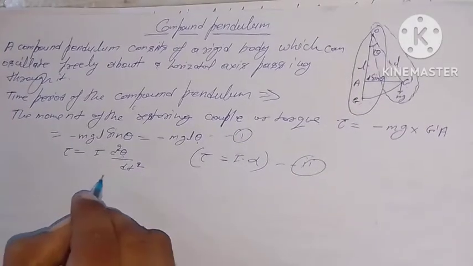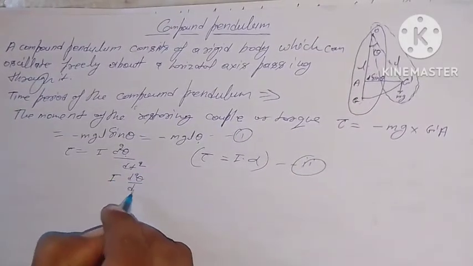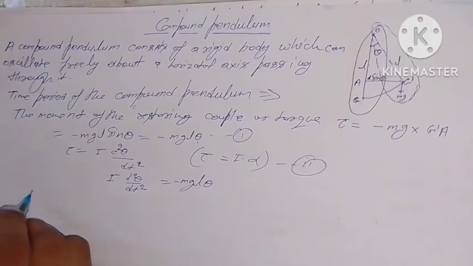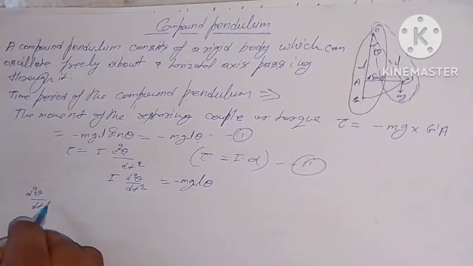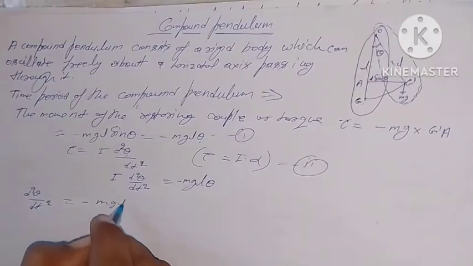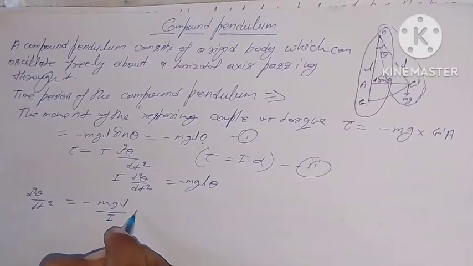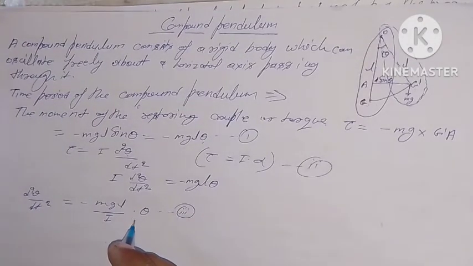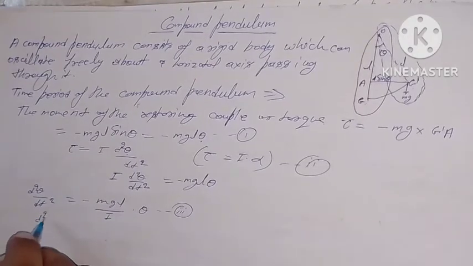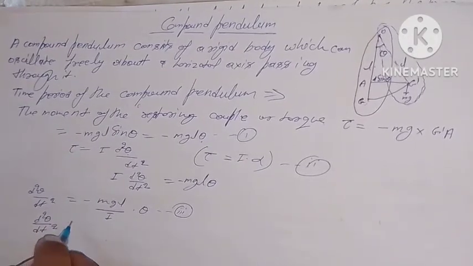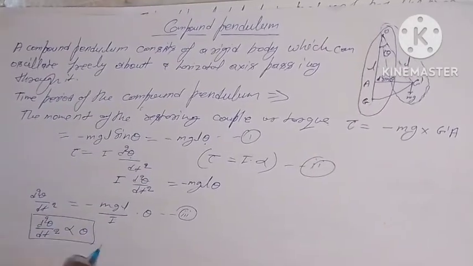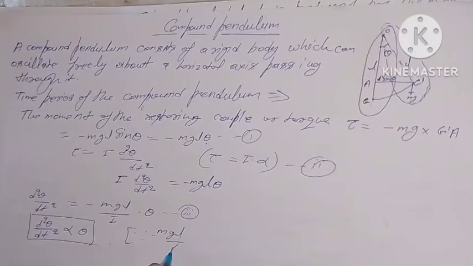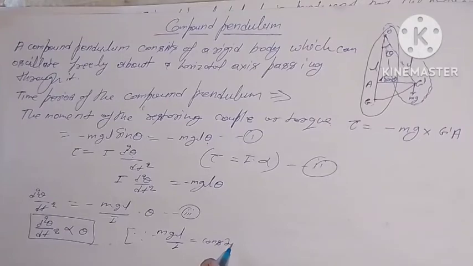Comparing equations first and second, I d square theta upon dt square equals minus mgl theta. Then d square theta upon dt square equals minus mgl upon I into theta. This is equation number third. Then d square theta upon dt square is directly proportional to theta, because mgl upon I is a constant.